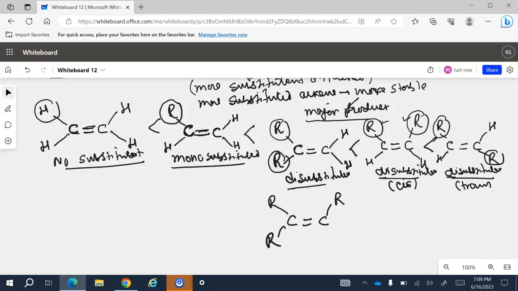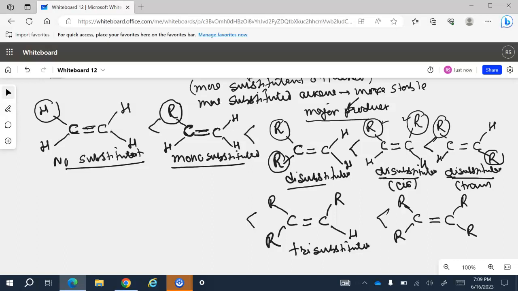Okay, and the next one will be a carbon-carbon double bond with three alkyl substituents. Again, it can be R or R prime, any carbon-containing group, and only one hydrogen. We call that tri-substituted. This one is better than di, so di will be less stable than tri. And the last one is the tetra-substituted, no hydrogen, all four are R groups.